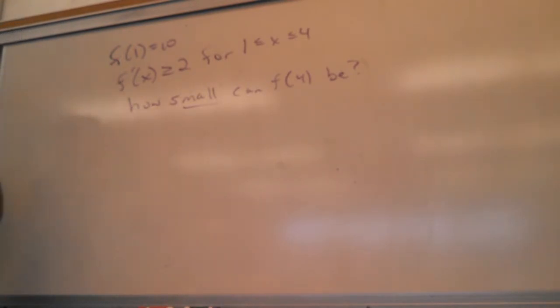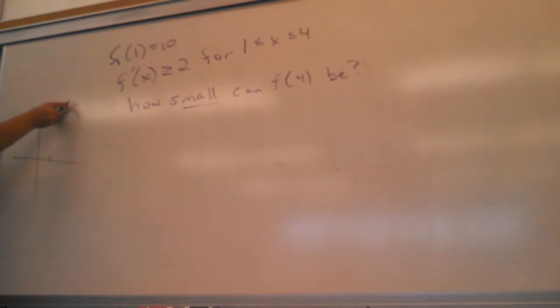Alright, so this is very, very strange when you first read through it. But then when you see the idea, any problem like this is going to be pretty simple. So let's see if anybody can see the idea. So if f of 1 is 10, and the slope is, now you can be specific, the slope is at least 2 from 1 to 4.